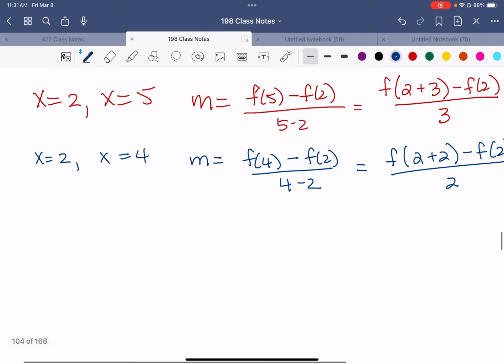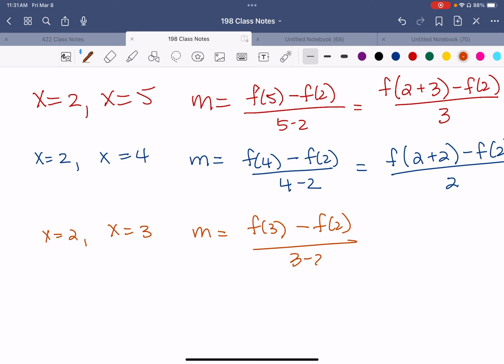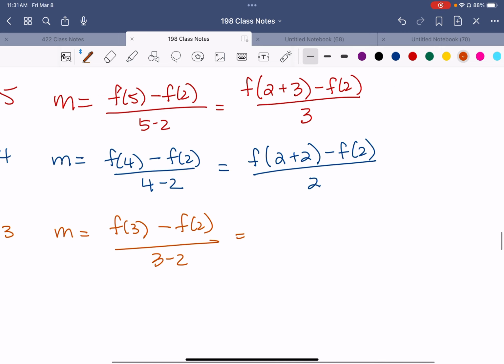Then our next point was x equals 2 and x equals 3. So we had m equals f of 3 minus f of 2 all over 3 minus 2. In the same kind of format, this is f of 2 plus 1 minus f of 2 all over 1.